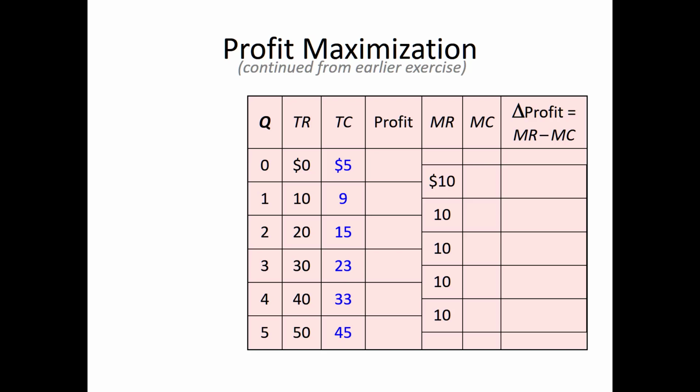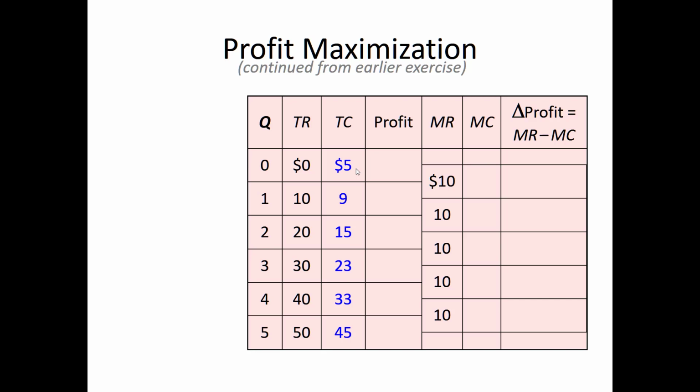Okay, now let's say this is our total cost. And these numbers are kind of invented. Okay, so assume that I produce 0, my total cost is 5. This is called the fixed cost. It is the cost that I incur regardless if I produce anything or not.